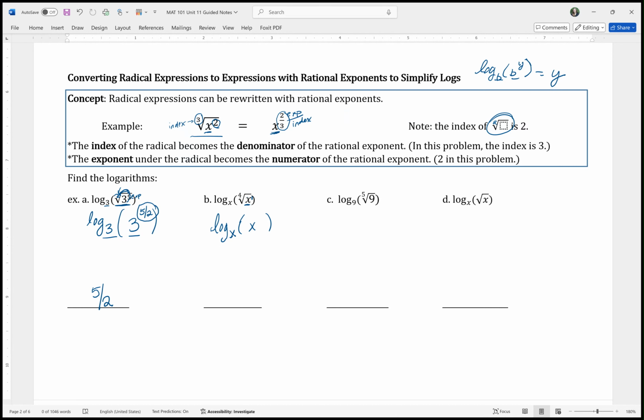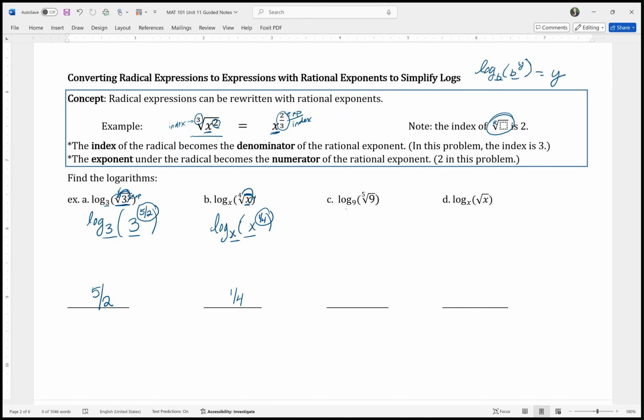So this is going to be x to the 1/4 power. Inside divided by outside. You can almost think about that line for the radical being the divide. Okay, so this would be 1 divided by 4. Now that we have our bases the same in the log, that exponent of 1/4 becomes the answer.